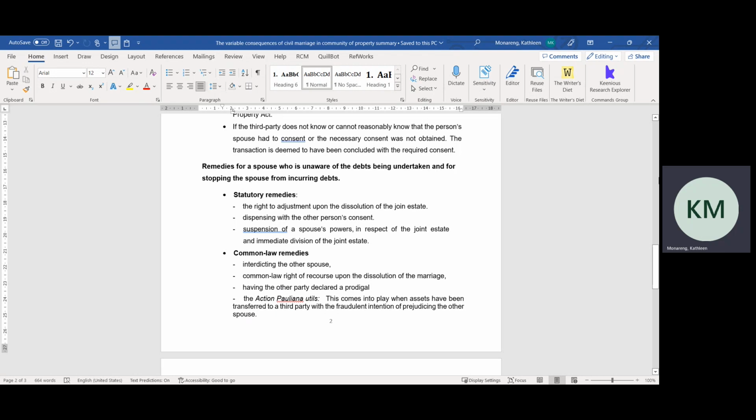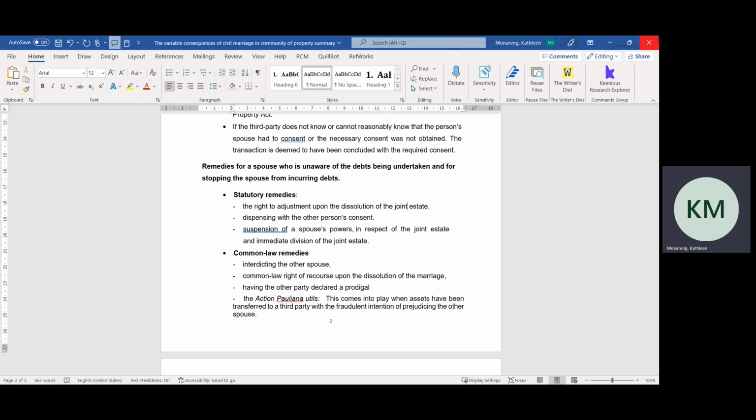Under statutory remedies, you must know that the spouse who wants the other spouse to stop taking the debt has the right to adjustment, or let's say the debts have already been taken, the innocent spouse has the right to adjustment upon the dissolution of the joint estate.